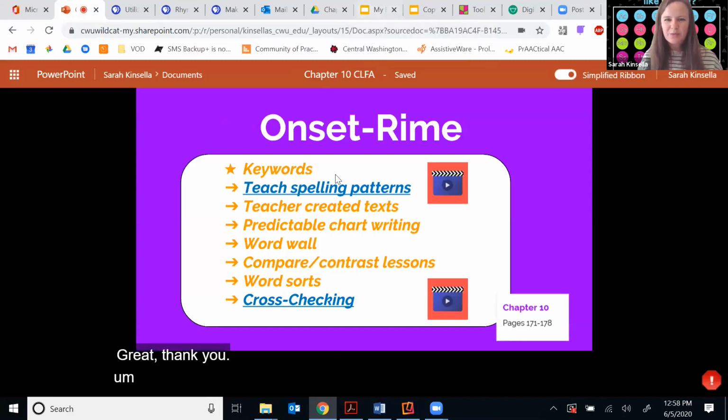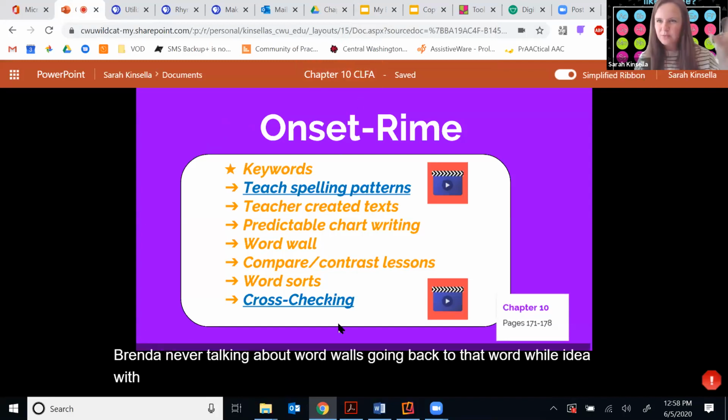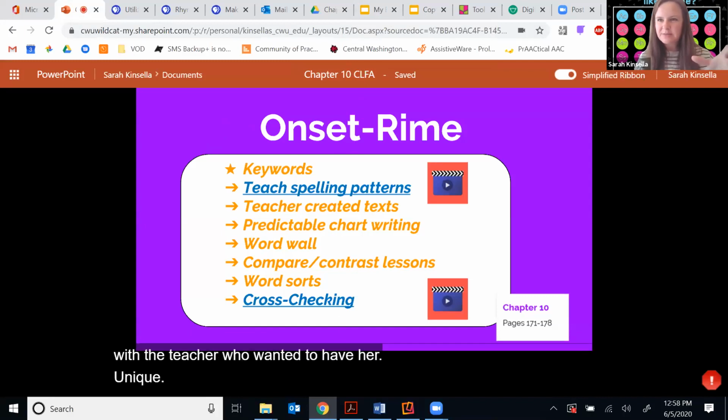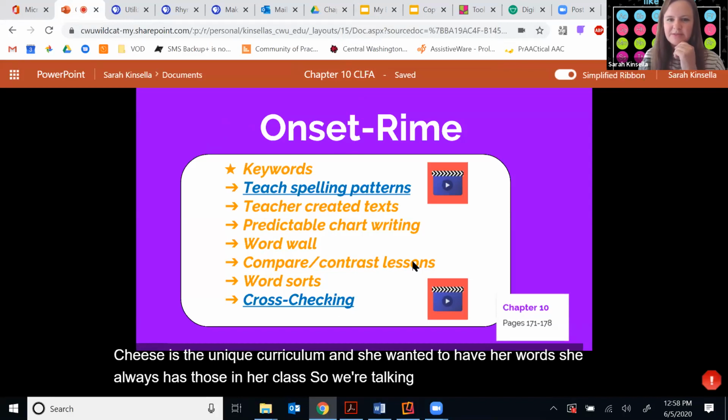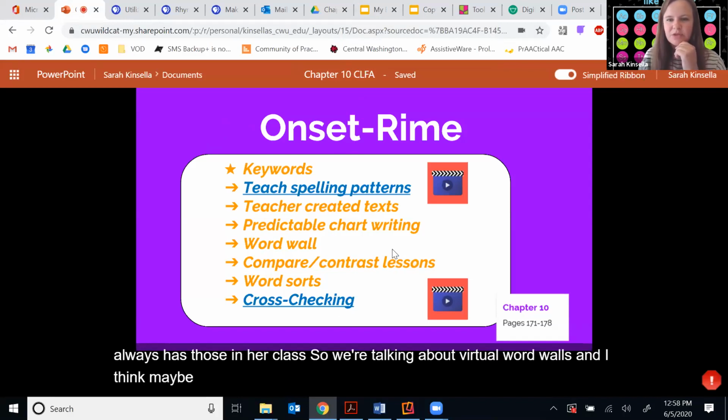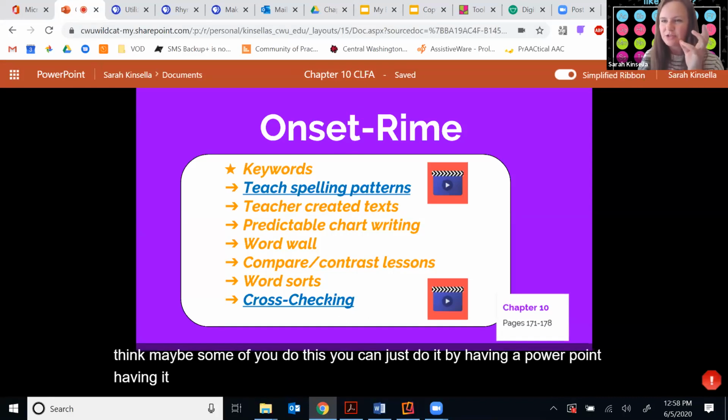Brenda and I were talking about word walls, going back to that word wall idea, with a teacher who wanted to have her unique words. She always has those in her class. So we're talking about virtual word walls, and I think maybe some of you do this. You can just do it by having a PowerPoint, having it as an image and using it as your virtual background.